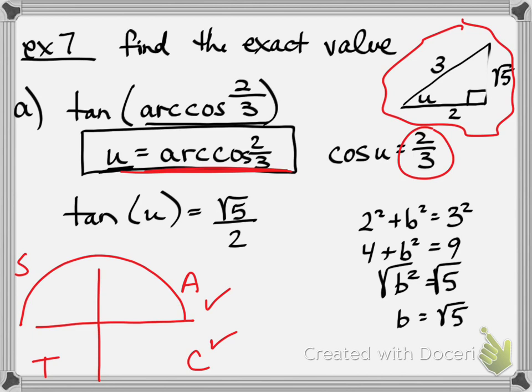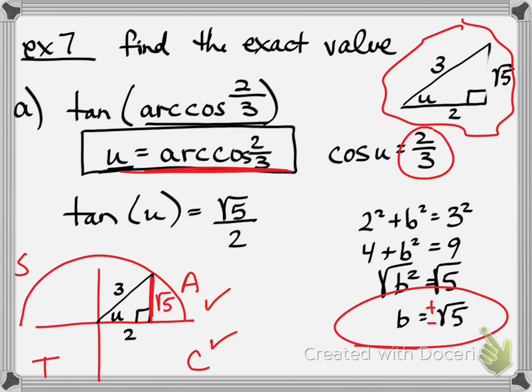That means this triangle that we're talking about actually sits right here. That's the only quadrant that satisfies arc cosine and positive x. So this is U, and this is 2, and this is 3. So when we got to this step and we're trying to decide, do I need the positive or the negative root of square root of 5? This is a positive y value. That's why we choose the positive root.